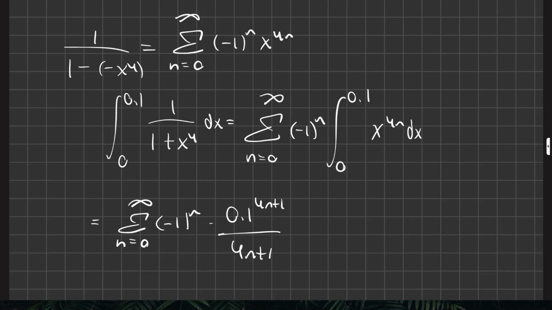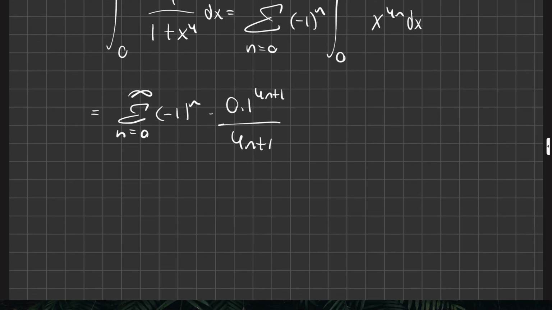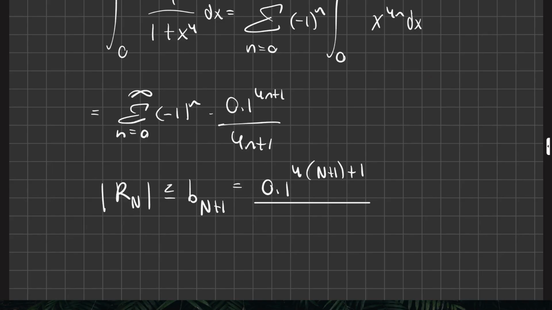Now at this point, we can see that this is an alternating series again, with terms bn being 0.1 to the 4n plus 1 over 4n plus 1. So we're again going to use the alternating series remainder theorem. So we have Rn less than the next term, which we call bn plus 1, which would be 0.1 to the 4 times n plus 1 all over 4 times n plus 1 plus 1.